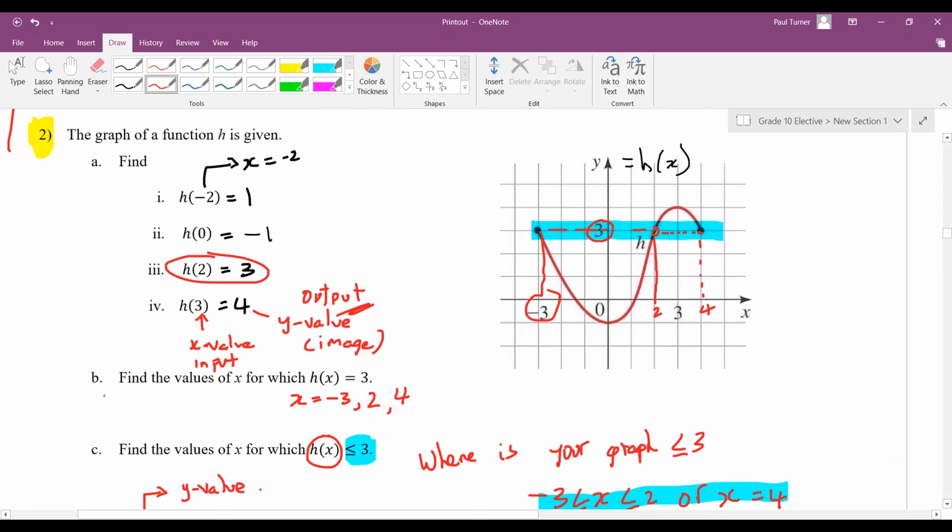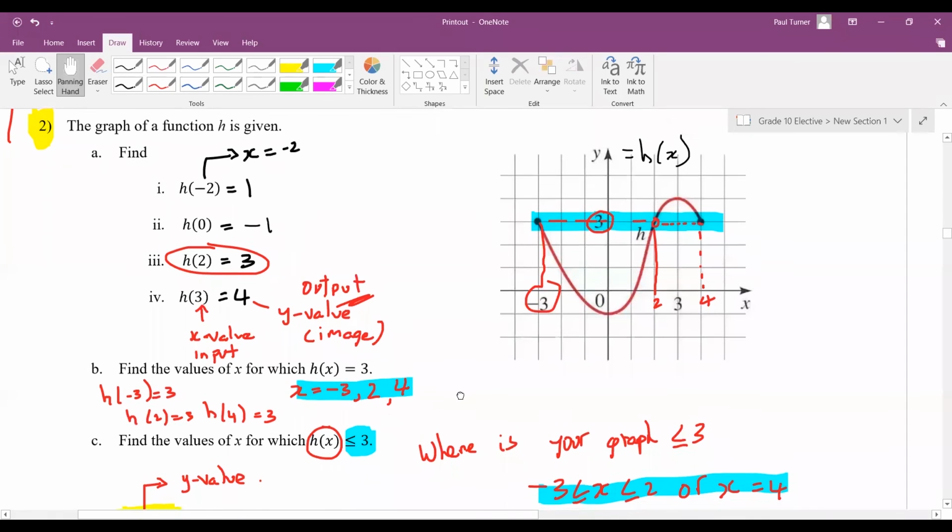So you're going to get 3 possible things happen. You got H(-3) is 3. H(2) is also 3. And H(4) is also 3. So X has 3 possible values for that question there. I'm just reading the number from the graph. That's all you need to learn how to do.